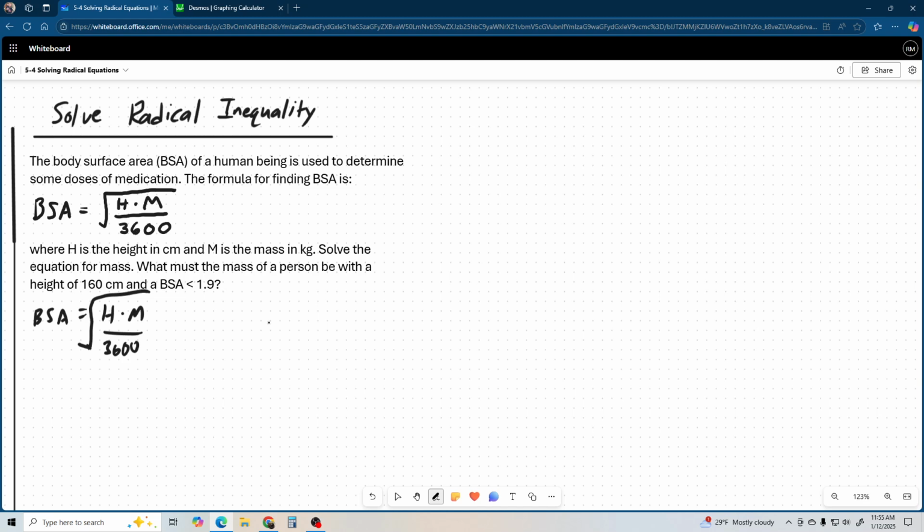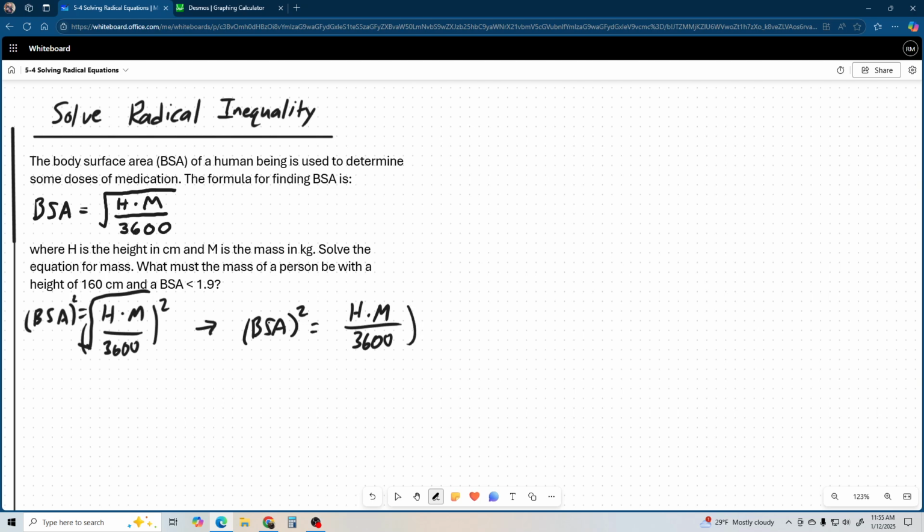There's not really anything else we can do. So square both sides, and we're going to get whatever our BSA is squared equals h times m over 3600. And remember, we're solving for mass, right?